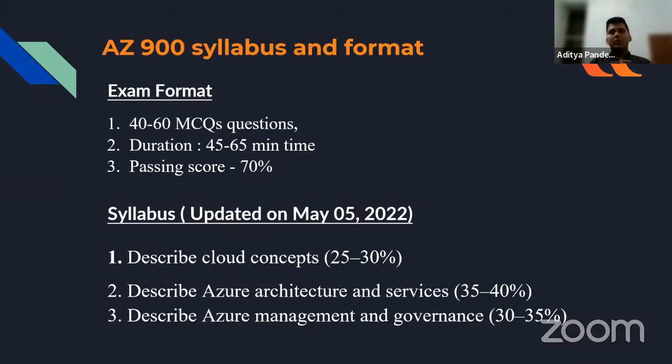The weightage of cloud concepts is 25 to 30%, Azure architecture and services is 35 to 40%, and Azure management and governance is 30 to 35%. So you have to majorly focus on Azure architecture and services and Azure management and governance, because they have the high weightage, right?